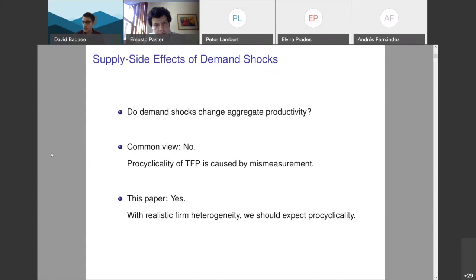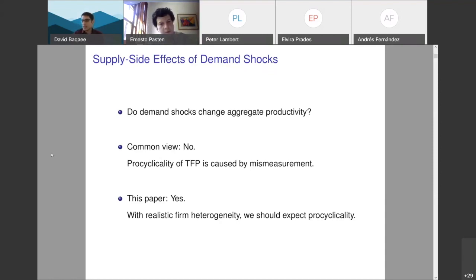Labor productivity in the same way is pro-cyclical and responds to things that seem to have nothing to do with technology. And so the classic answer to this observation, that these aggregate productivity objects seem to respond to non-technology related shocks, is that the objects in the data are mismeasured.